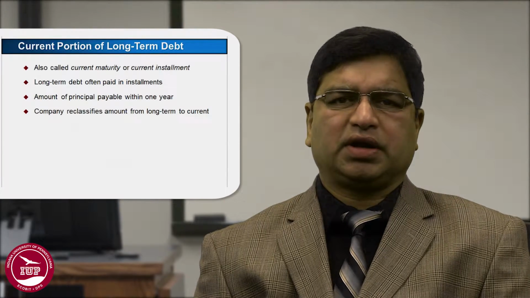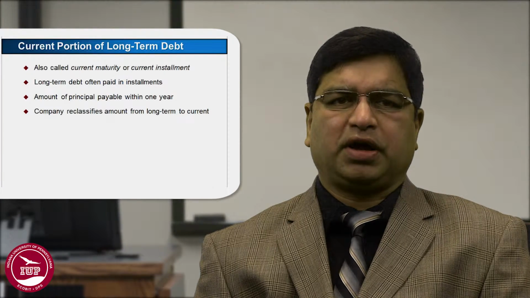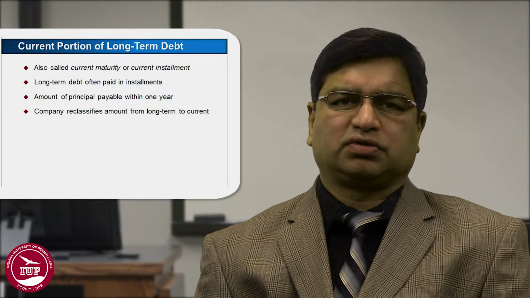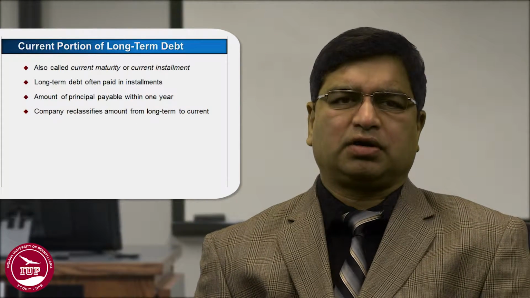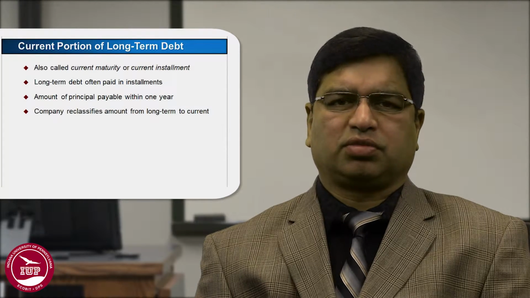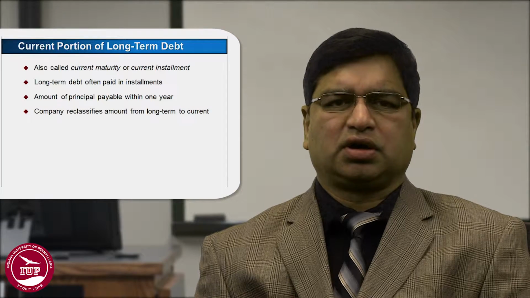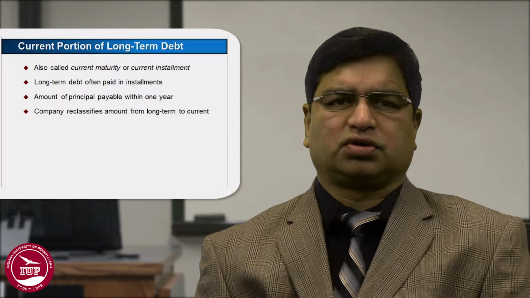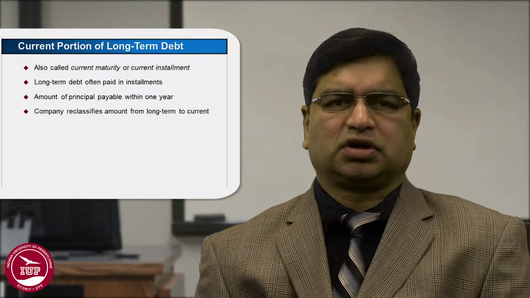When a company takes a long-term debt, it might pay part of the debt in the current year if it is due. So the current portion of the long-term debt that is due in the current year, along with the interest on it, is shown as part of the current liability.